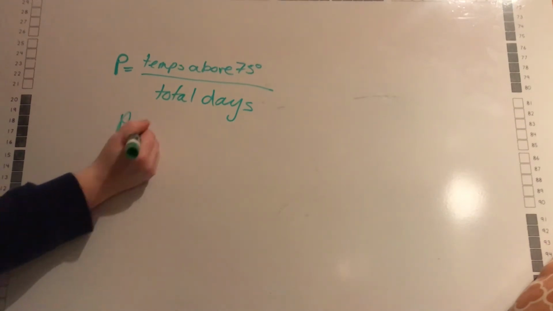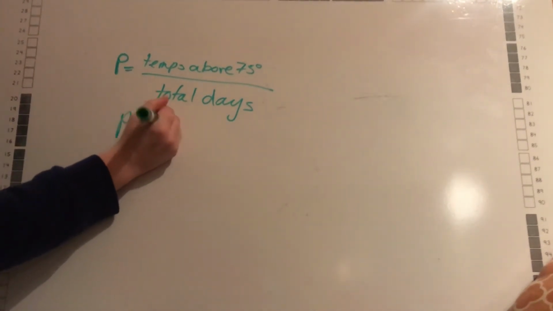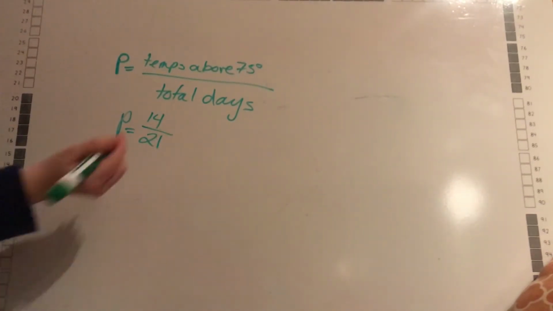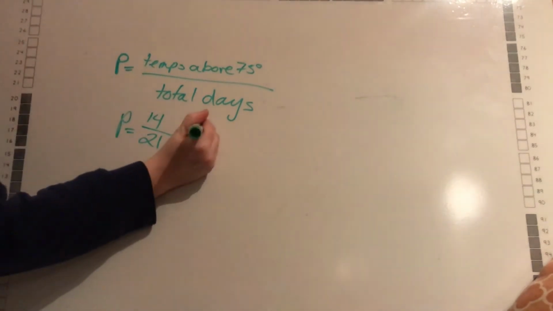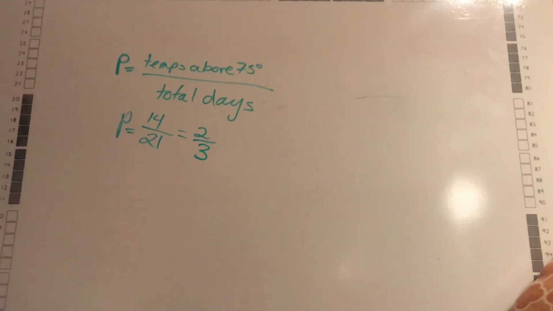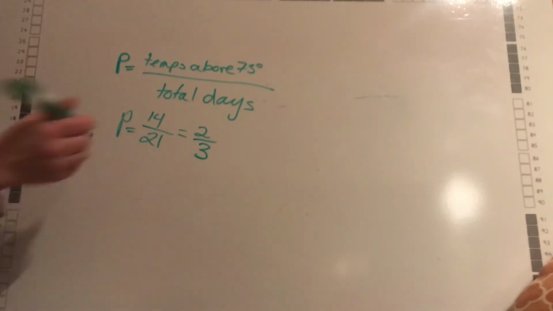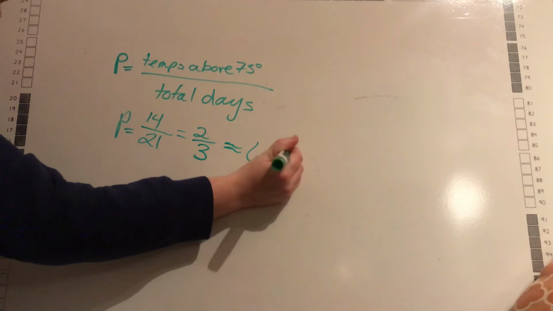So P is going to equal, if we count it out, 14, I believe. 14 days that were above 75 out of 21 total days, which both of these are divisible by 7. So we're going to 2/3 as the fraction. And I think at one point in time we wrote down common equivalent fractions, decimals, and percents. So we know that this is about 66%.